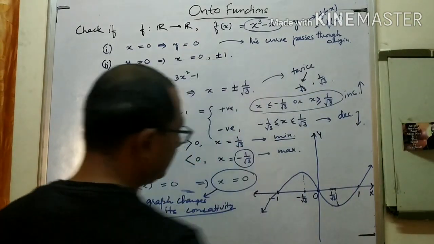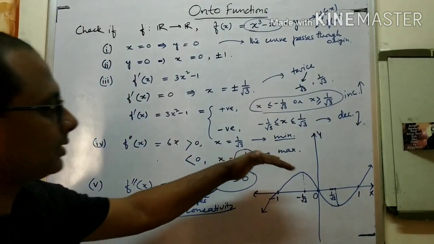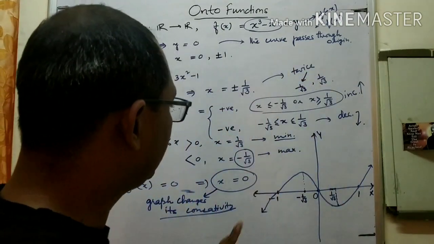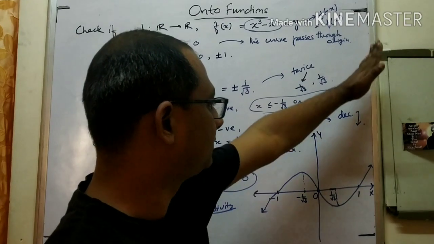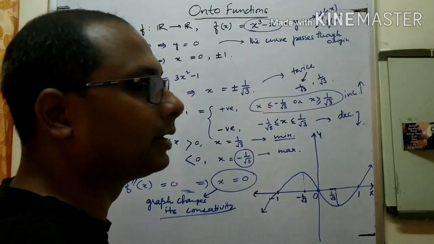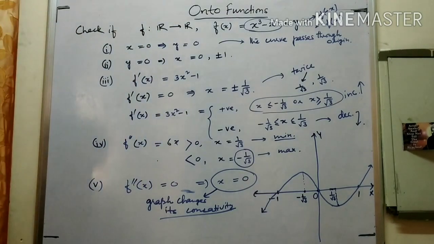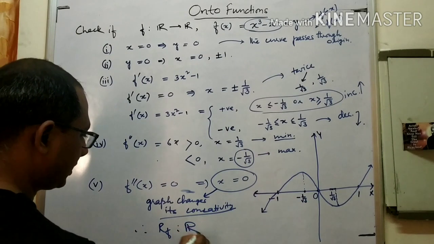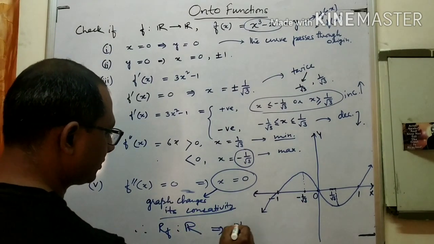So we have drawn the graph, and quite clearly we can see the domain is obvious, and the range is going to positive infinity and also towards negative infinity. So the range of the function is R, which implies f is onto.